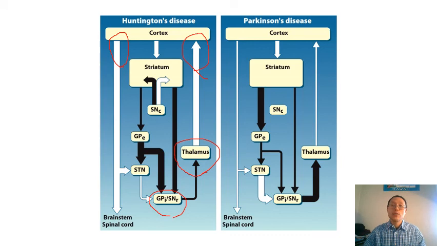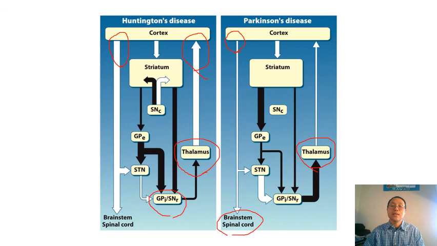So basically there's an increased inhibition coming from the globus pallidus to the thalamus, and therefore there is a reduction of the cortical activity of movement, which means there isn't much activity coming from the thalamus to the cortex, and therefore the output from the cortex to the brainstem is also reduced.